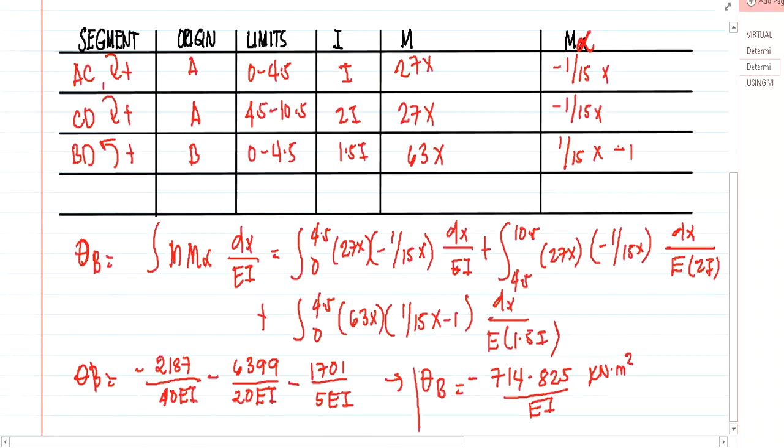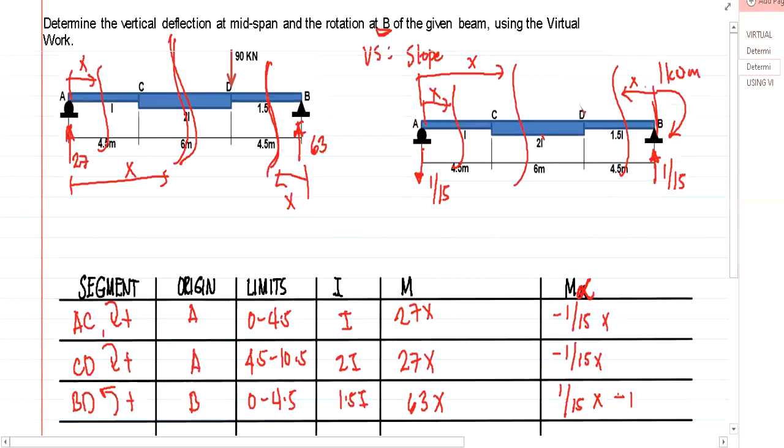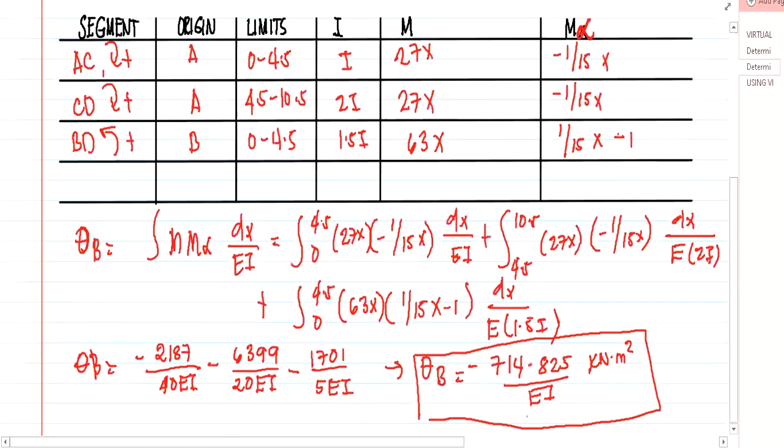So this will be now our rotation slope at B. Okay? So negative means our assumption na counterclockwise is wrong. Diba? Nag-assume tayo na clockwise yung ating one unit couple. So lumabas negative. So our rotation should be counterclockwise. Yan yung magiging direction natin.